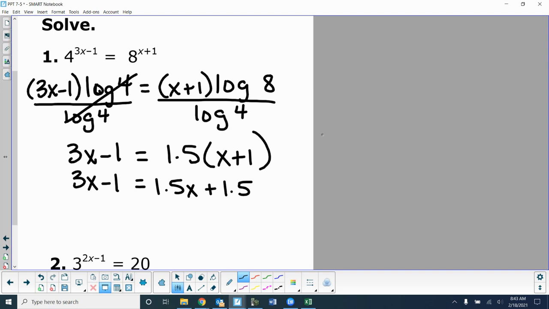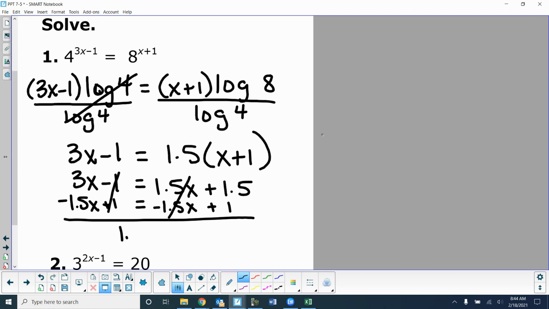Now I've got an x on both sides, so I'm going to take the 1.5x on the right and move it over to the 3x on the left. And I want to take this 1 on the left and move it over to the 1.5 on the right. So those canceled and those canceled. So I get 1.5x on the left. And what is that, 2.5 on the right?